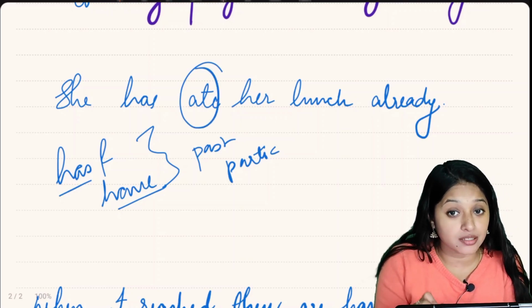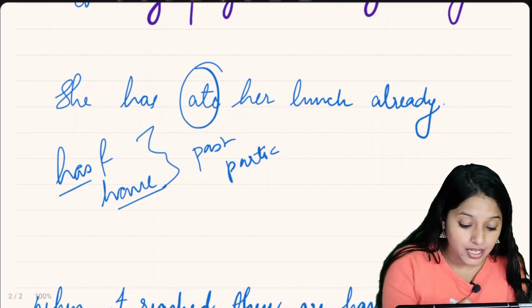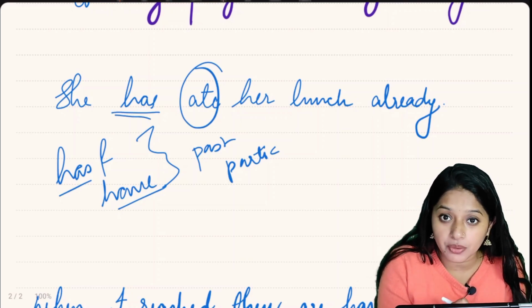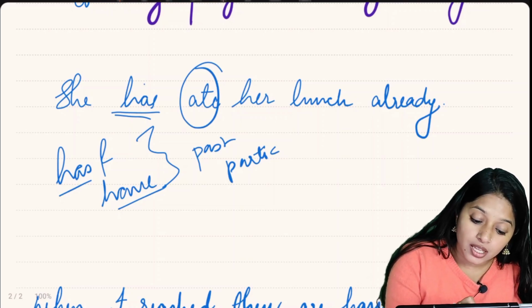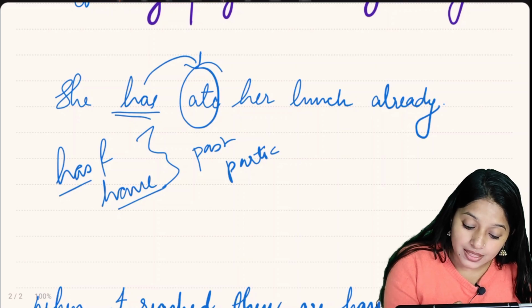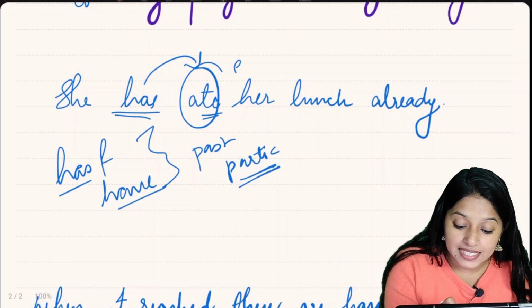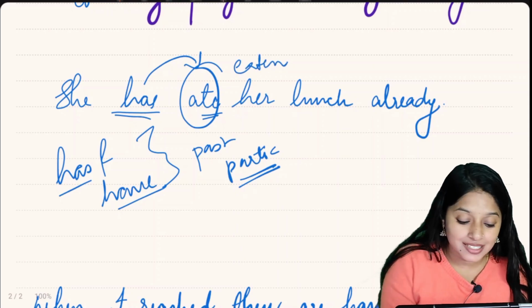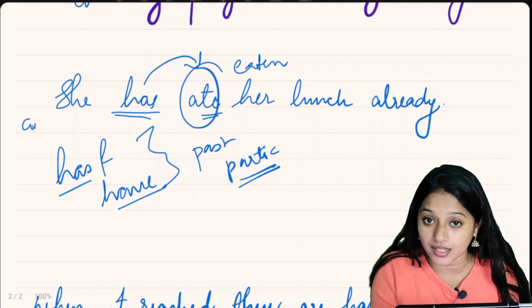And ate is the second form of the verb, the past form of the verb. And here the auxiliary verb or the helping verb is has, right? So we have to change the verb from the second form to the participle form of the verb, and that would be eaten, right? So the correct sentence would be she has eaten her lunch already.